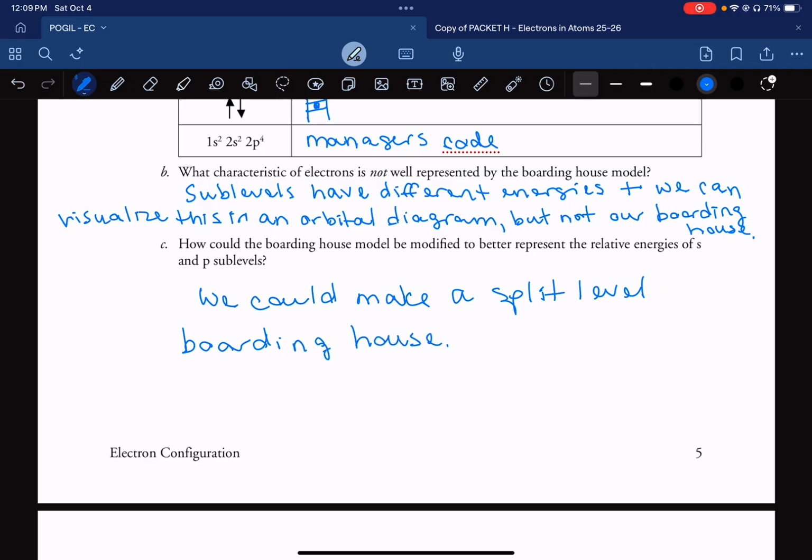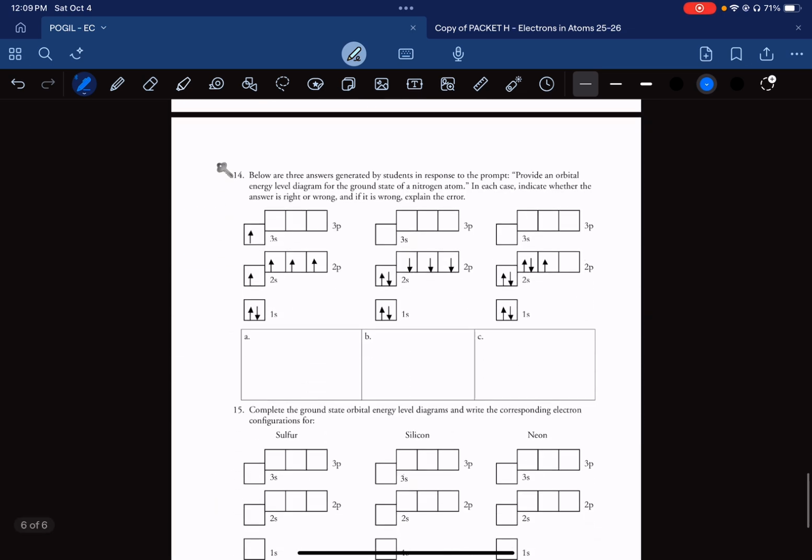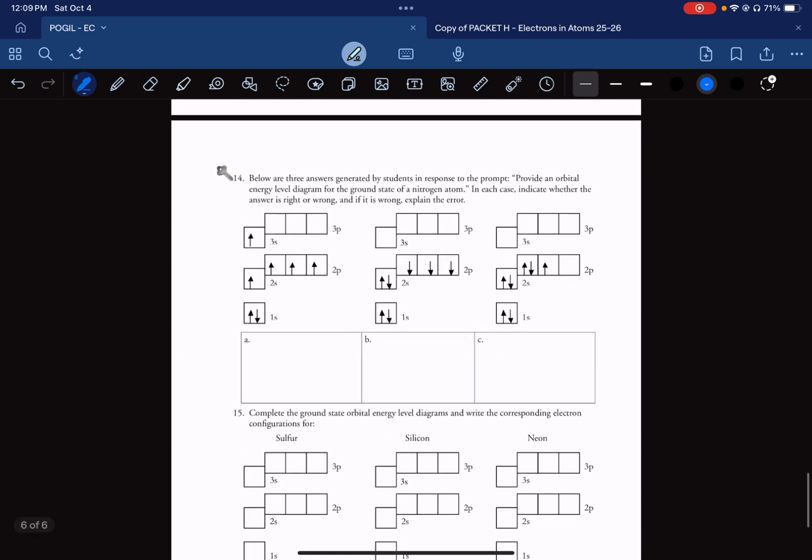So all of the orbitals have to be completely filled before we can move to the next higher integer designation. They're just talking about moving from one energy level to another. So all of the orbitals.